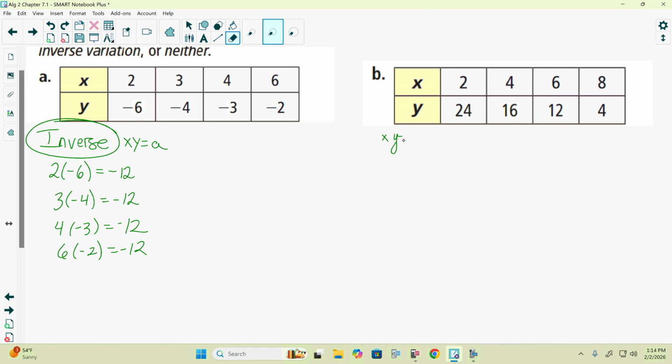So we can check our x times y equals A. Which is 48. 4 times 16. Well, 16 times 2 is 32. Times 2 is 64. So those are not inverses. Now we can check direct.